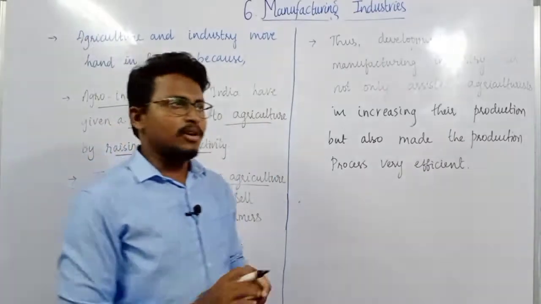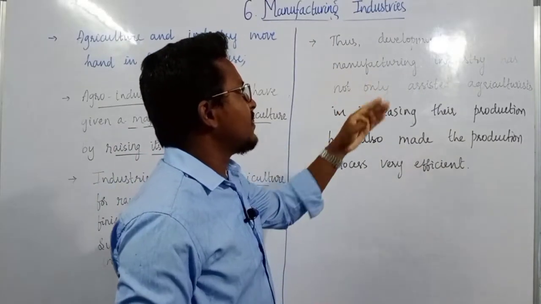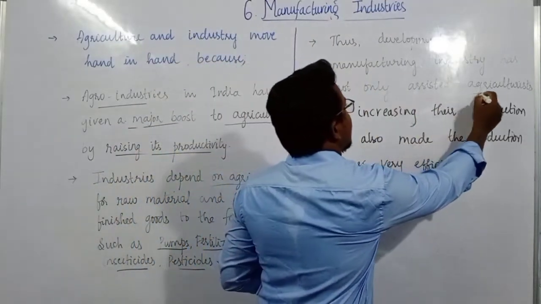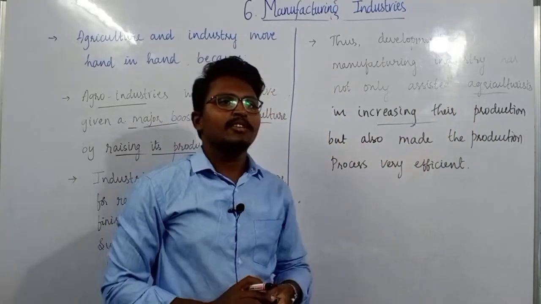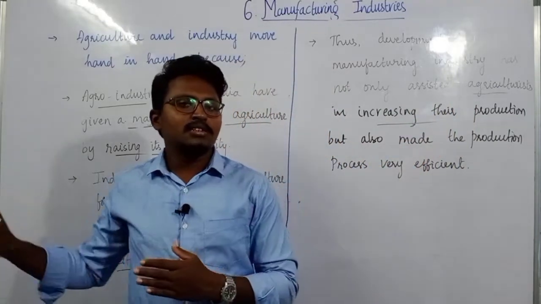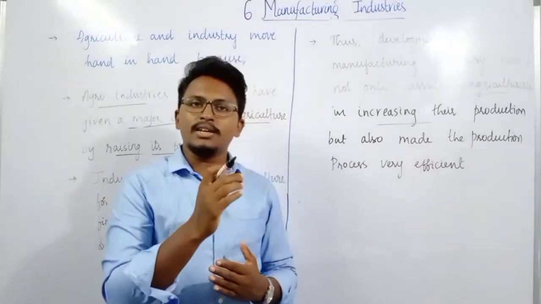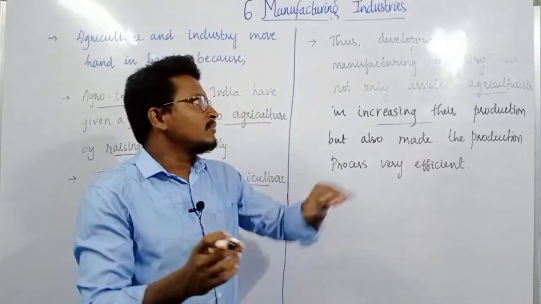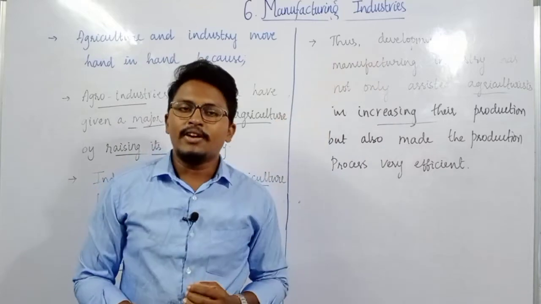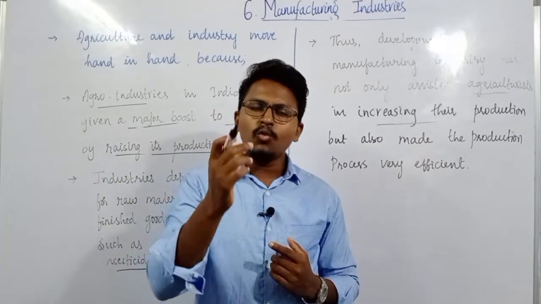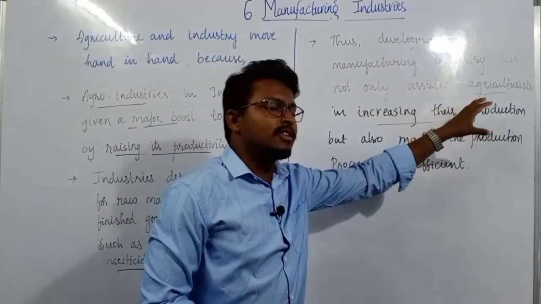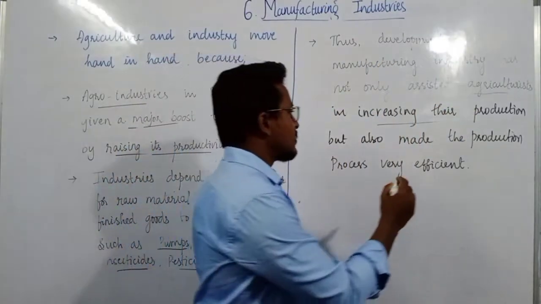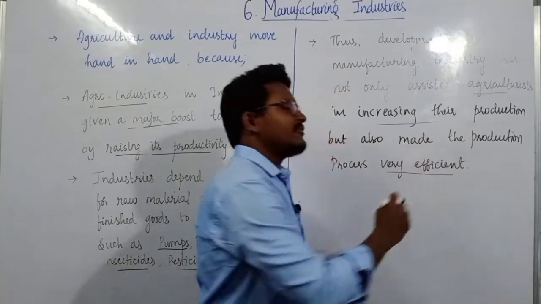So the next very important thing is that the development of manufacturing industry has not only assisted agriculturists in increasing their production but also made the production process very efficient. Just now I told you agriculture production is increasing because of manufacturing industries. But it has not only boosted production in agriculture, it has also made production very efficient.